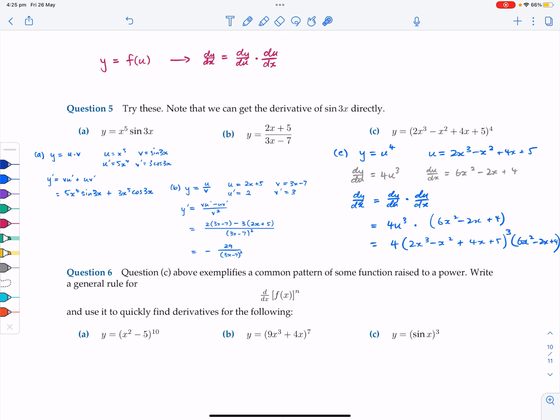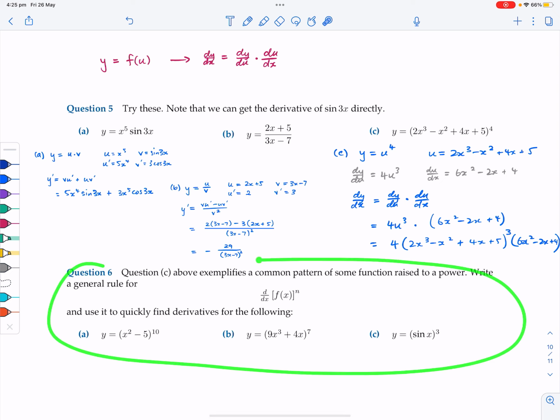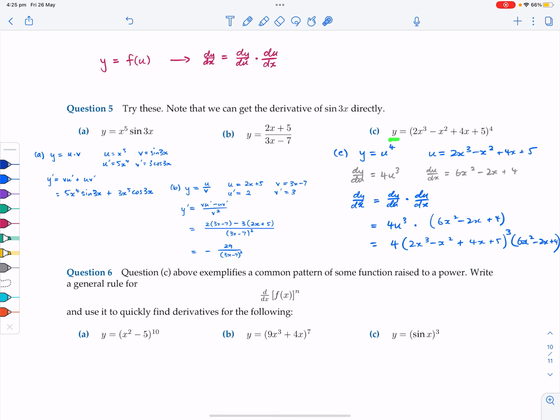I want you to notice that there's a structure here that we're going to exploit. So I had y equals something to the power of 4, and then the derivative is 4 times the something cubed times the derivative of the something.